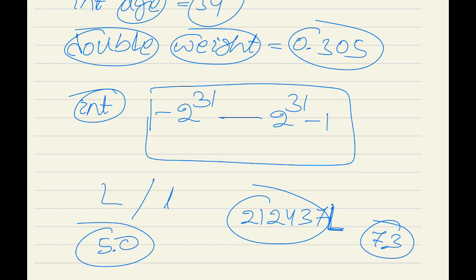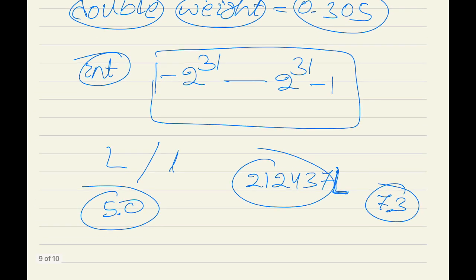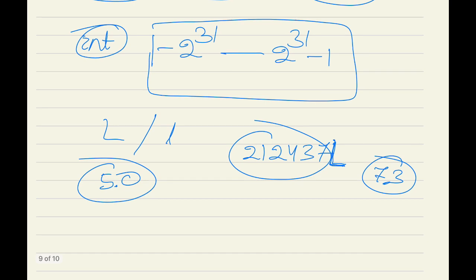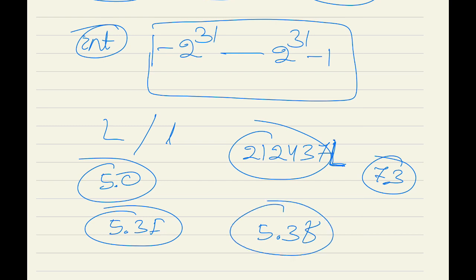If we want to make it a float, we need to append capital F or small f at the end. Suppose we write 5.3f, then we can say it is of type float.